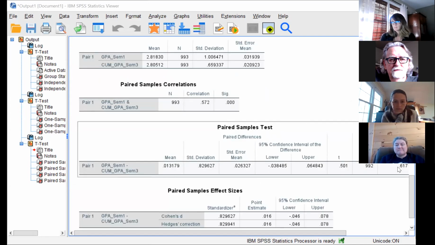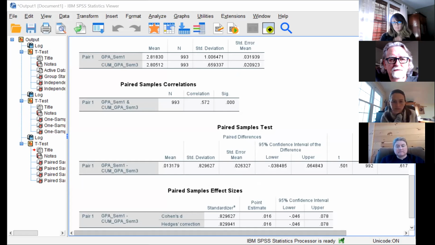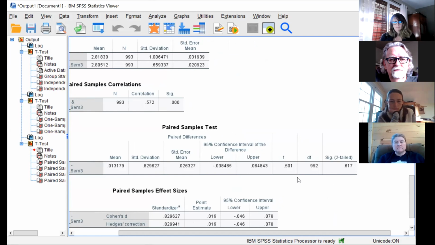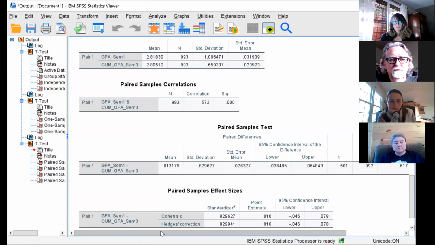The t-test is down here, mean, standard deviation, the significance level is over here. So 0.617, so there is no significant difference between their first semester GPA and their cumulative GPA after 3 semesters. And so the answer to that question is no. And so those are the three t-tests.